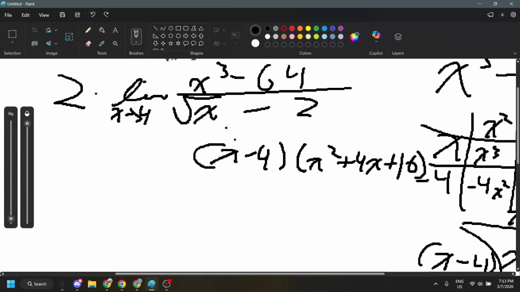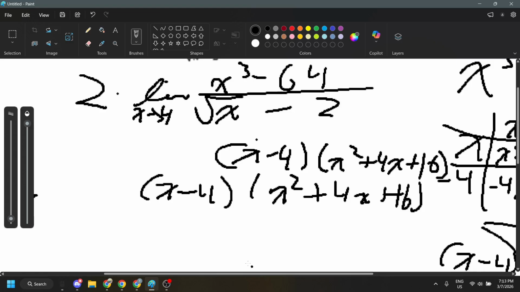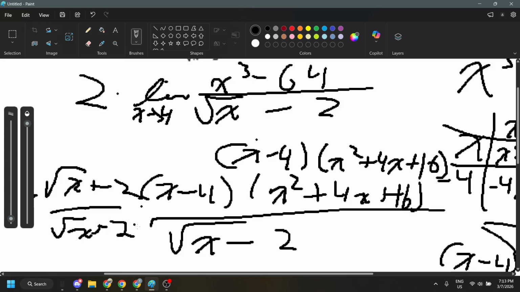If we multiply this entire thing, which is x minus 4 times x squared plus 4x plus 16 over square root of x minus 2, we need to multiply by square root of x plus 2.